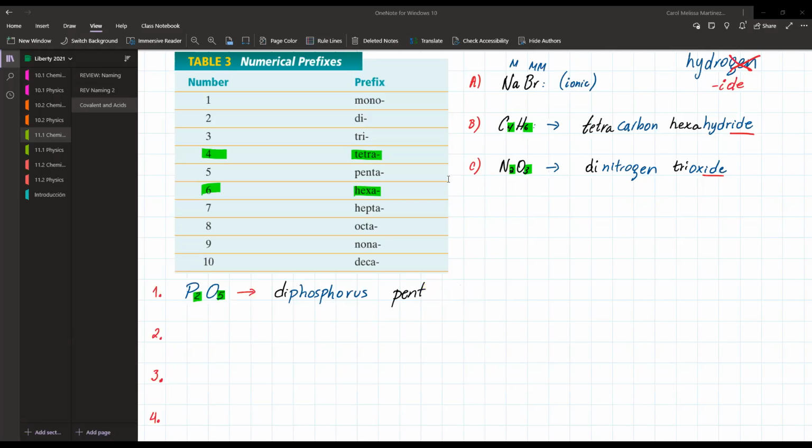So instead of saying pentaoxide, you will say pentoxide. But very good, Ariane, thank you.